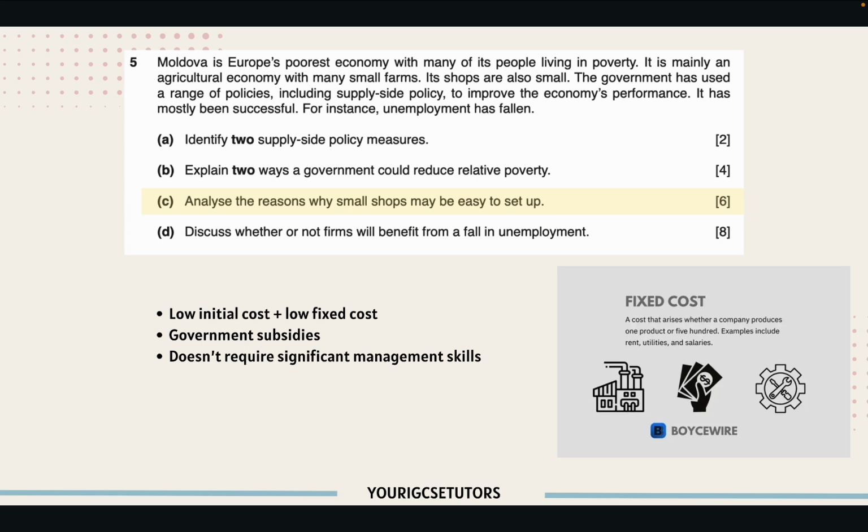Or the government could also try to encourage small businesses from starting up, so they might provide subsidies, which makes it easier for small firms to set up. And small shops may also be just easier to manage because it's a smaller scale, so it doesn't require significant management skills.